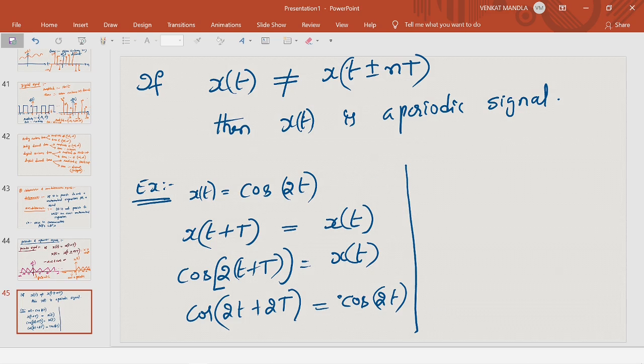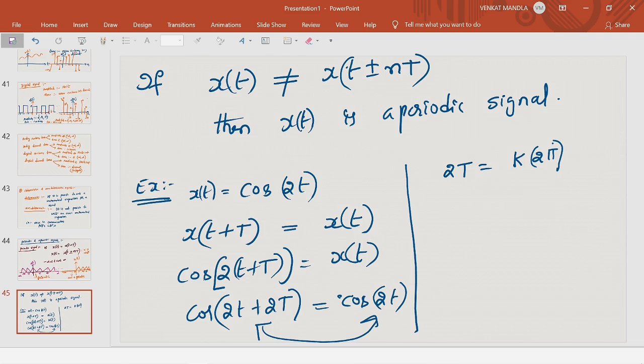Okay. From here, at what time will we get both equal? If 2 capital T is some integer multiple k times 2 pi, then cos of 360 degrees plus theta is cos theta, since 2 pi is 360 degrees.